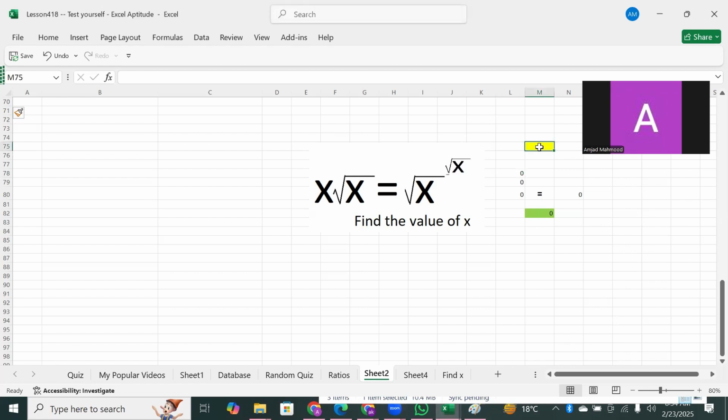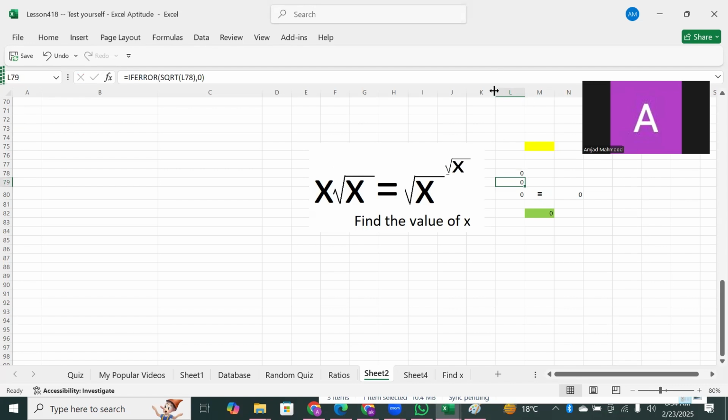make a place for x. So this is, for example, x. This is our x, right? Now, the first thing we work out is what is the root of x. So we simply write it as this is the x.